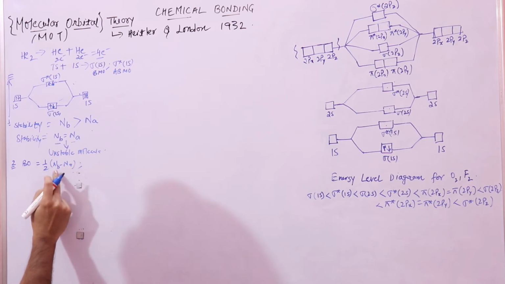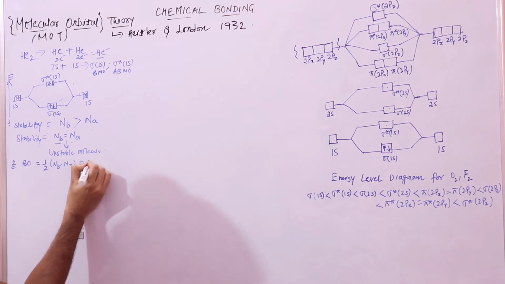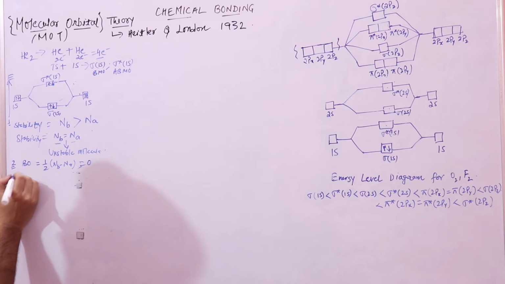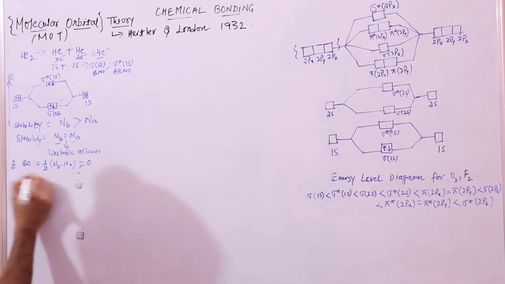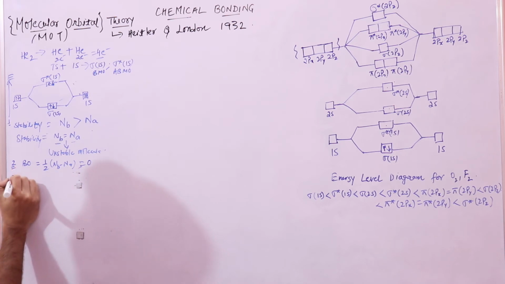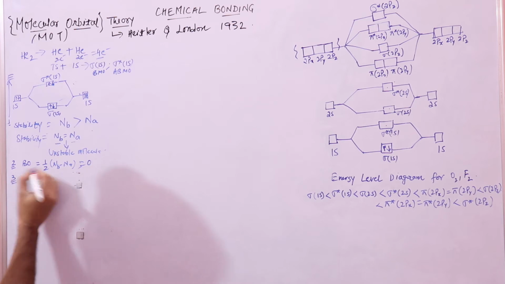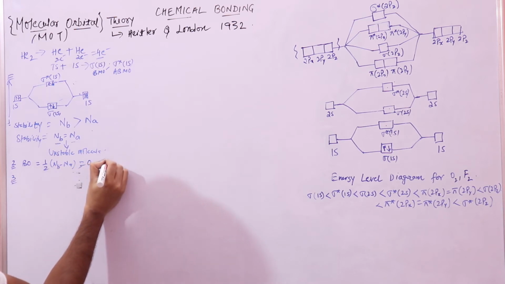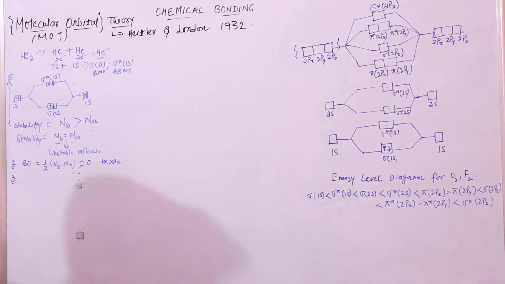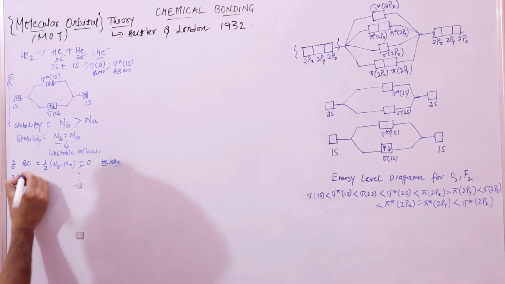So bond order is again 0, which means an unstable molecule. A bond order of 0 means there is no bond between the two helium atoms. No bond means the molecule does not exist.